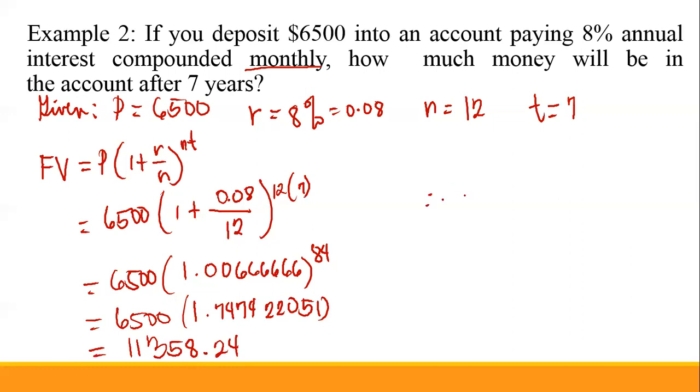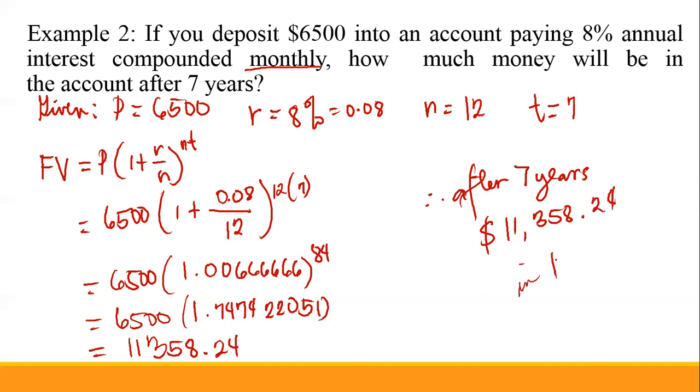Okay, so therefore, after 7 years, there will be $11,358.24 in the account. Okay, in the account.